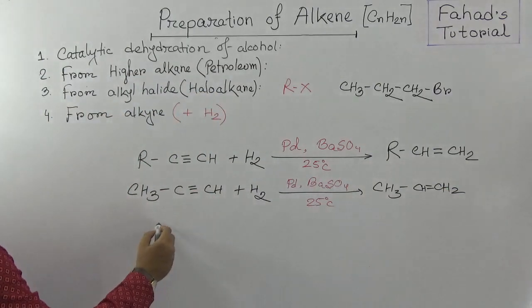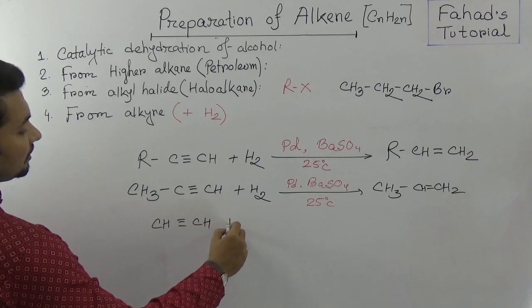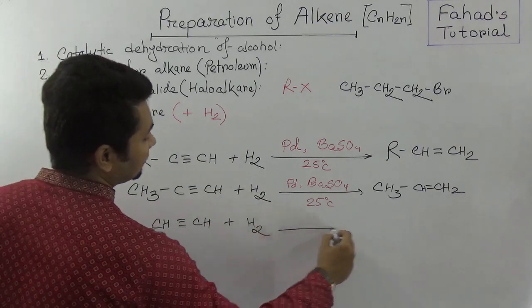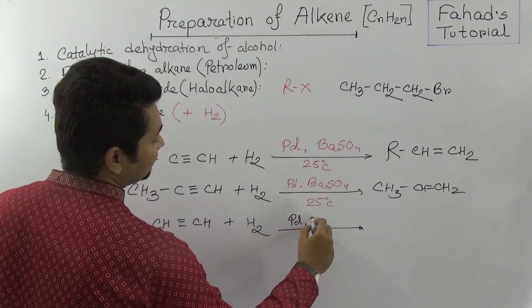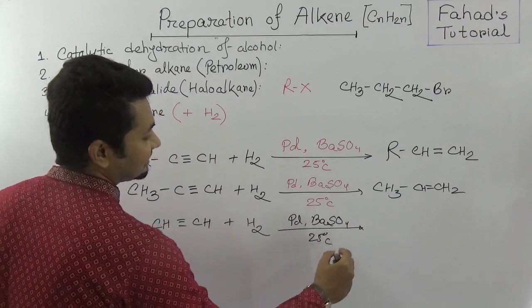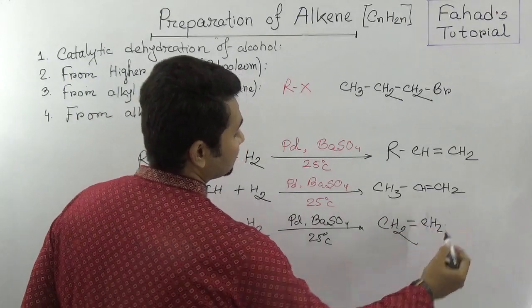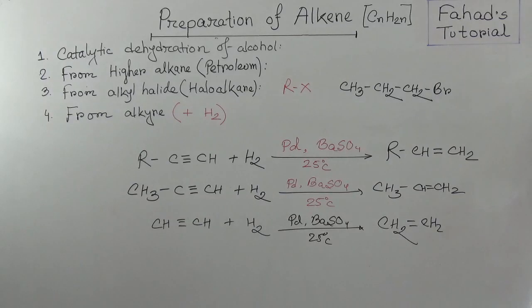Even if you make it shorter, CH triple bond CH with hydrogen, palladium and barium sulfate at 25 degrees Celsius, CH2 double bond CH2 alkene, that is ethene, will be produced.